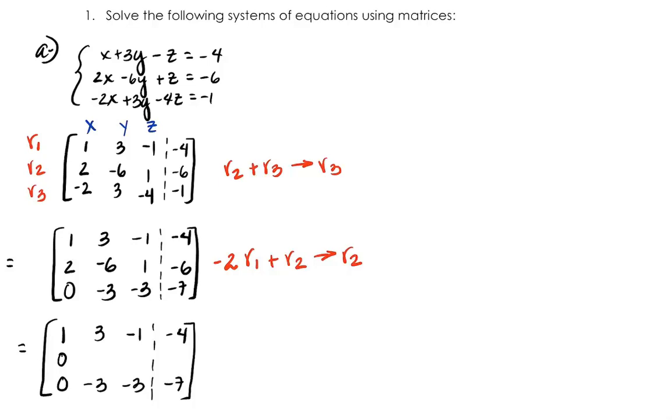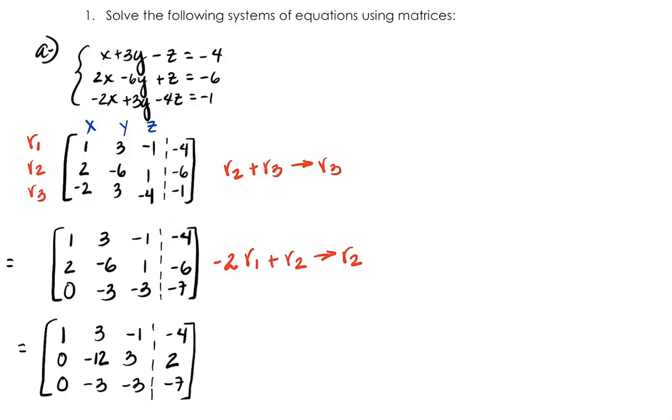Negative 2 times 3 is negative 6. And negative 6 plus negative 6 is negative 12. Negative 2 times negative 1 is 2. Plus 1 is 3. And negative 2 times negative 4 is 8. Plus negative 6 is 2.